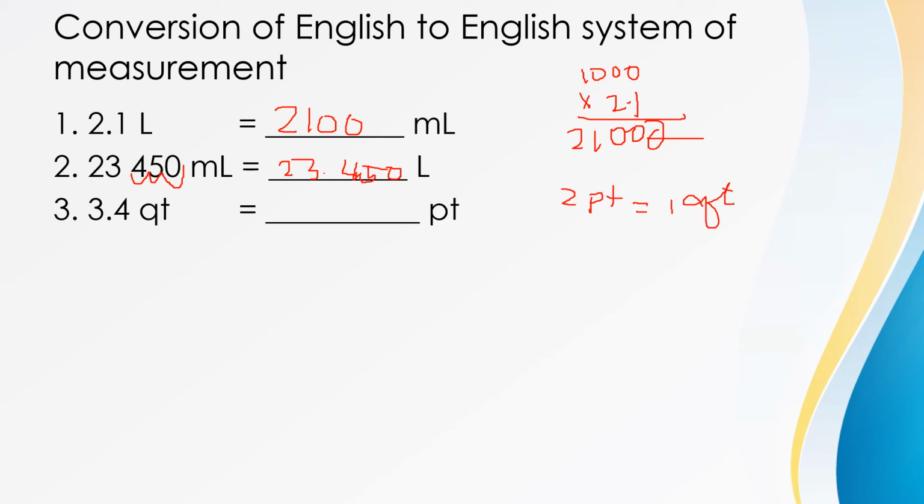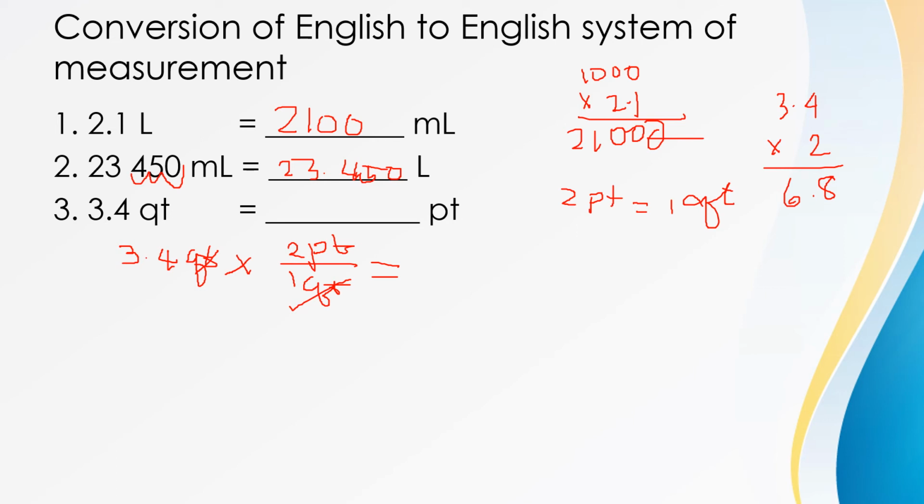So what are we going to do here? 3.4 quarts times 2 pint over 1 quart. So cancel natin to. And then we multiply 3.4 times 2, 8, and then 6. So we have 6.8 pint.